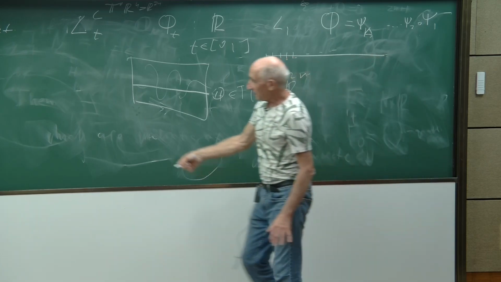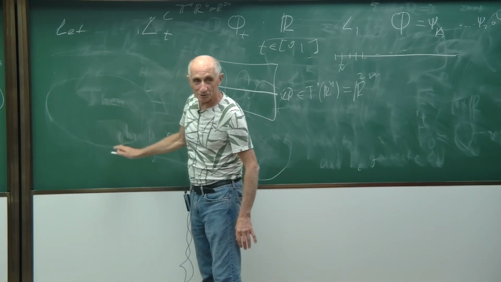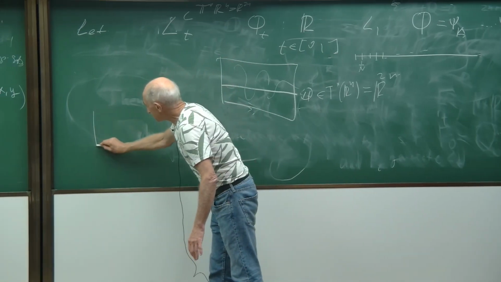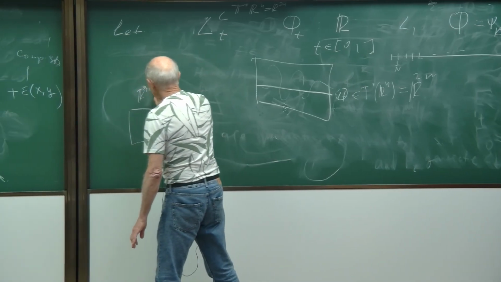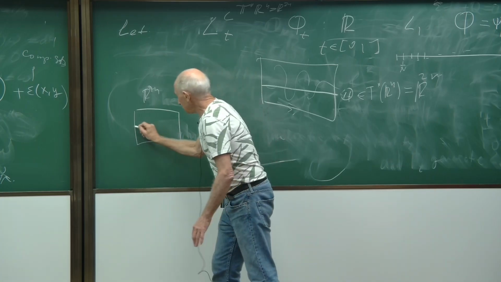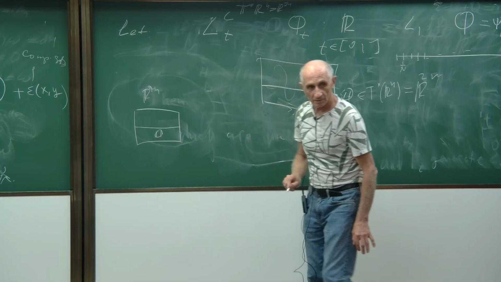And now I again draw this picture, which is a slight variation of what I was drawing yesterday. So I started with my R2n, and in this R2n I have a zero section sitting there.